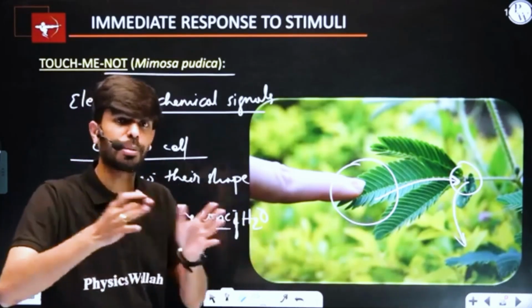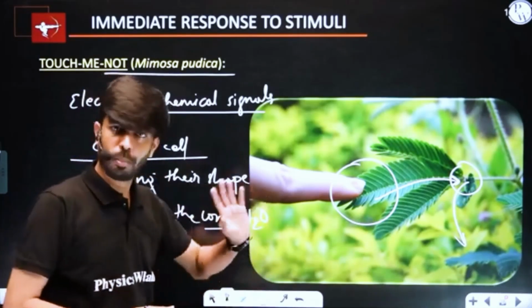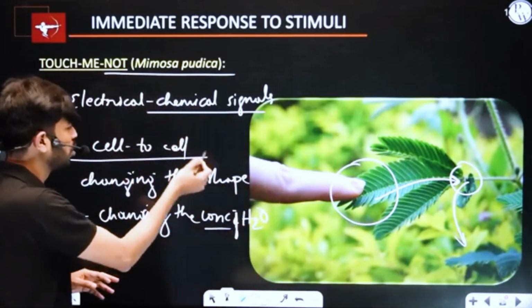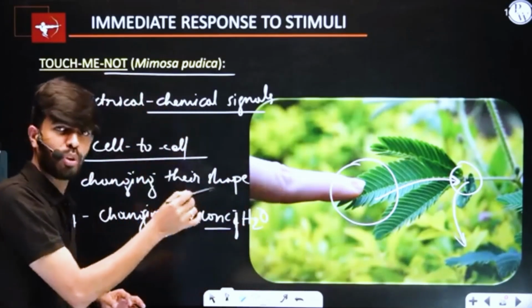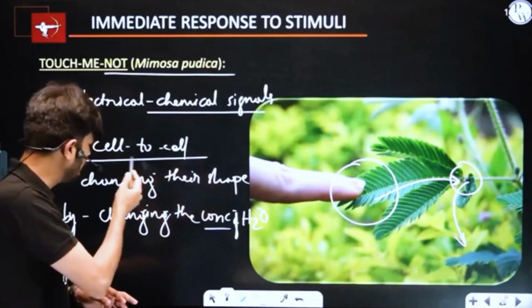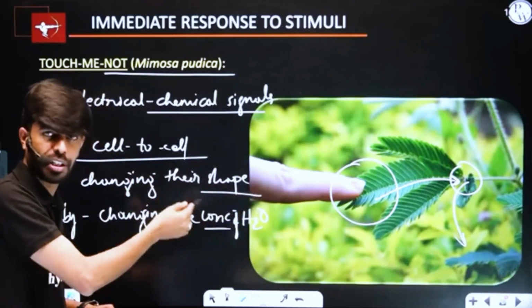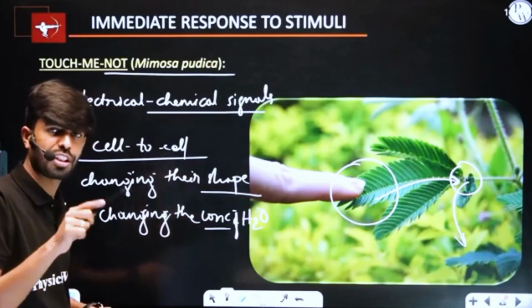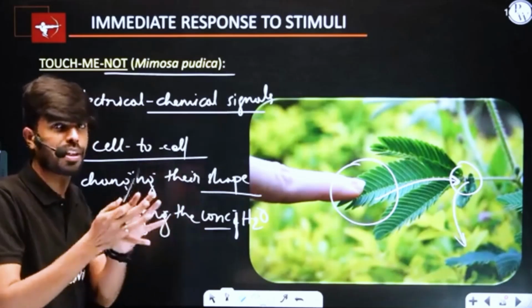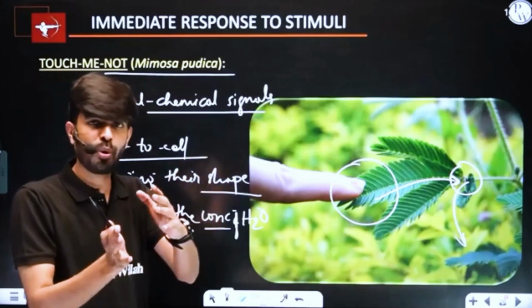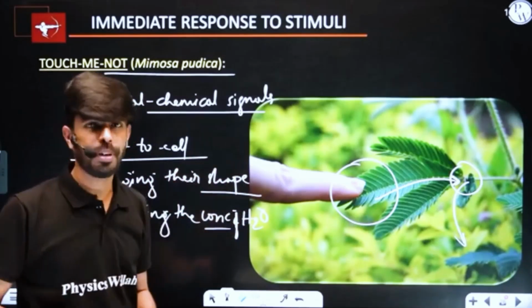Here there are no muscles, as you all know, but these signals move from cell to cell. Once they move from cell to cell, they change their shape by changing the water concentration. So automatically they start to show the response by moving away or towards the stimulus.